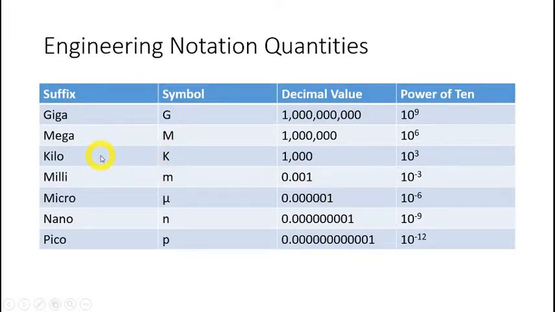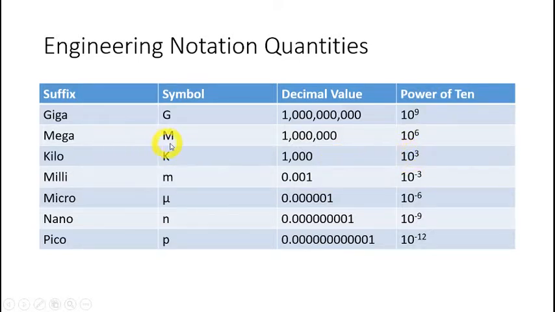You've heard of kilometers, you've heard of kilograms. Running a 5K as far as distances. So K is going to represent kilo, representing the thousands of magnitude, and that is represented by 10 to the third power.